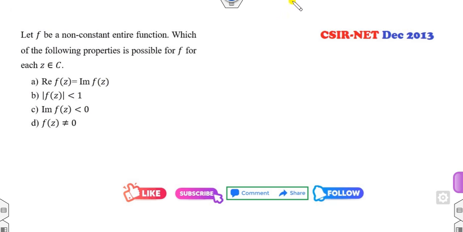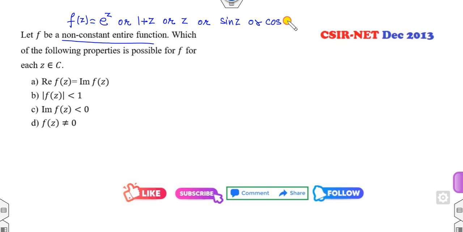Let f be a non-constant entire function. Always think about either e raised to power z, or 1 plus z, or z, or sin z, cos z, and so on. Which of the following is possible for each z belonging to this?